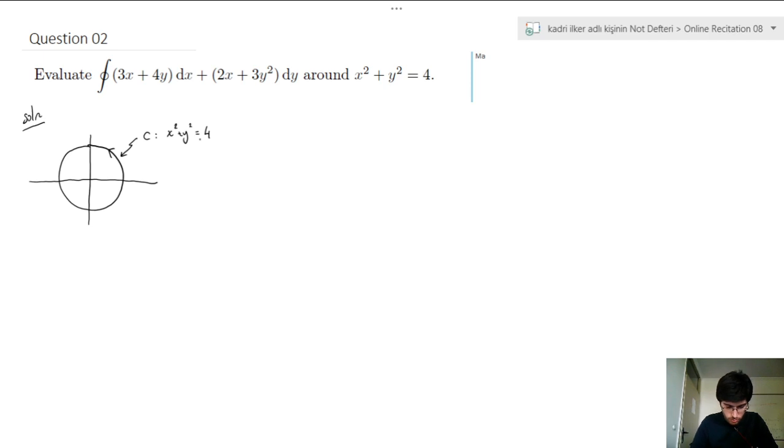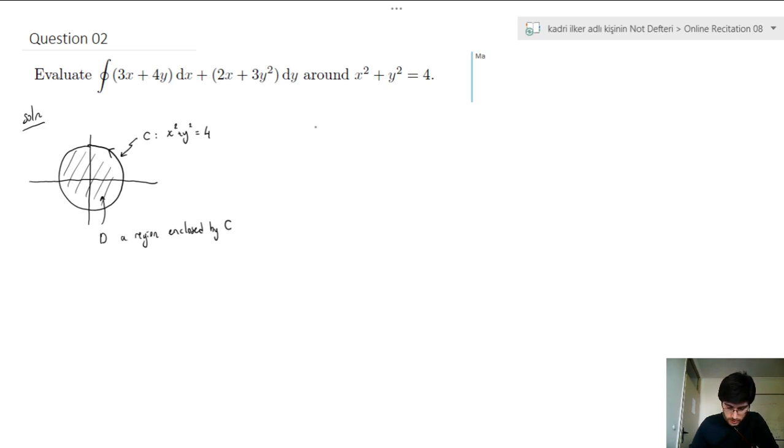This is just a circle, but at the same time we have a region D. D is a region bounded by, or enclosed by, the curve C. If we have a scenario like this, we can use Green's theorem.